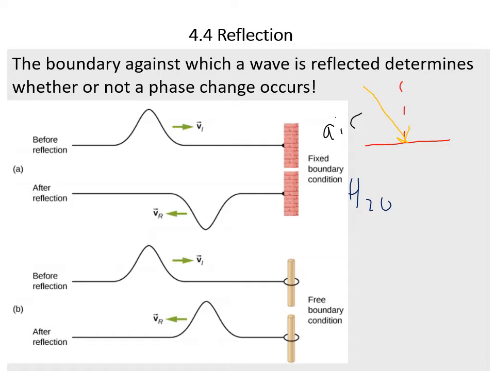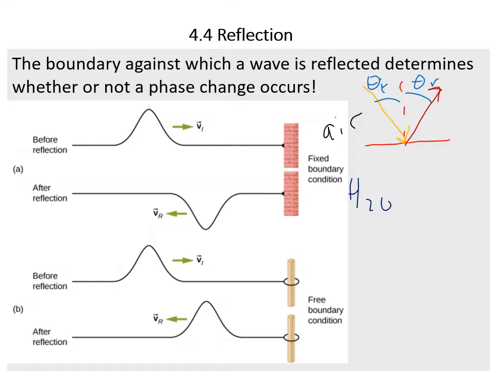So it's going to reflect off, but it's now out of phase with itself. And remember, these two angles are identical. The angle of incidence equals the angle of reflection. Theta I equals theta R.